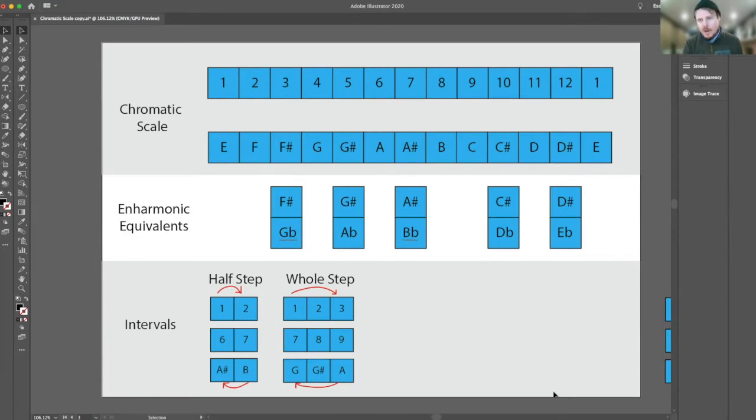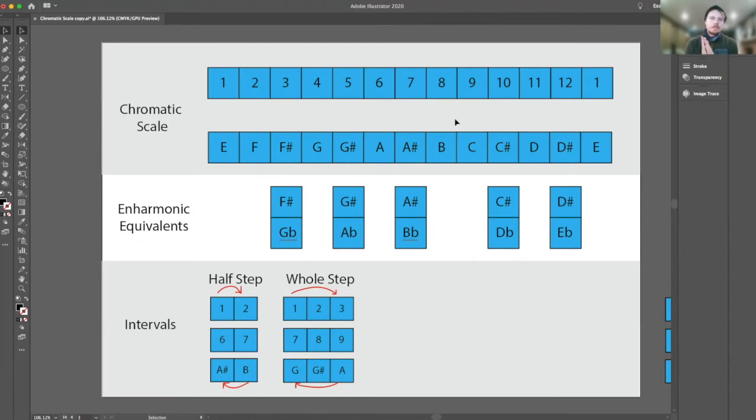So in Western music, we have 12 notes, and you can think of the notes as building blocks, kind of. Here I've got them represented as numbers, but they also are represented as letters.